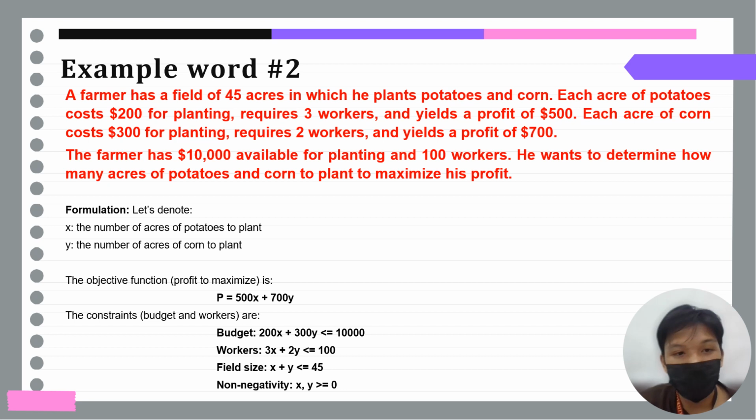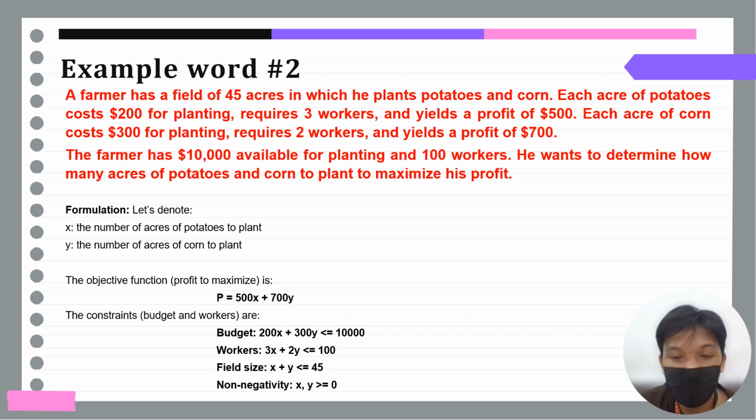In example number 2, a farmer has a field of 45 acres in which he plants potatoes and corn. Each acre of potatoes costs $200 for planting, requires 3 workers, and yields a profit of $500.